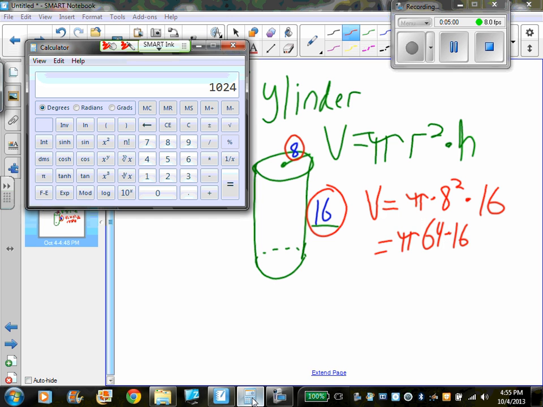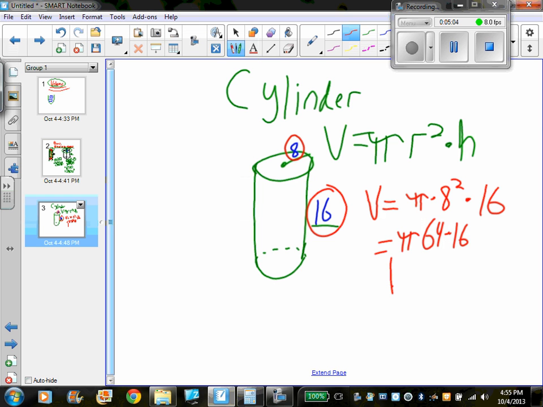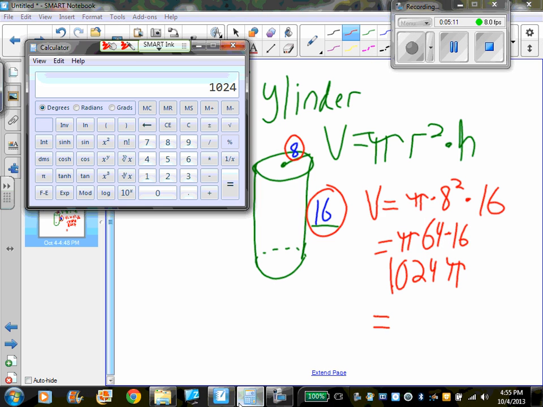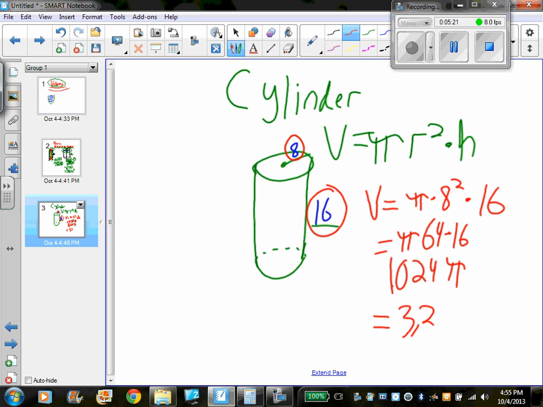That ends up being 1,024. So we're going to have 1,024 times pi. And going back to the calculator again, 1,024 times pi is right around 3,217 units cubed. And that would be the volume for the cylinder.